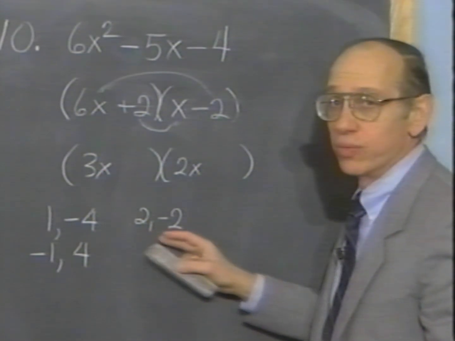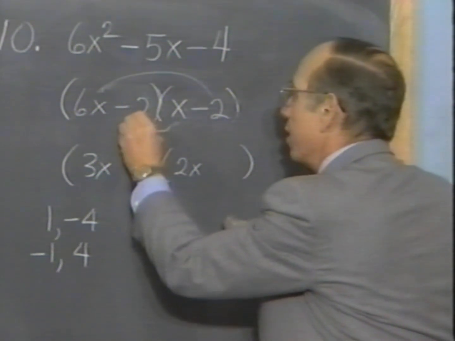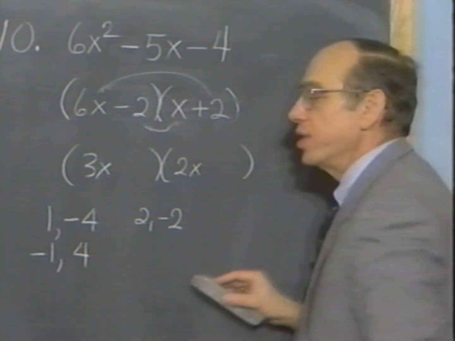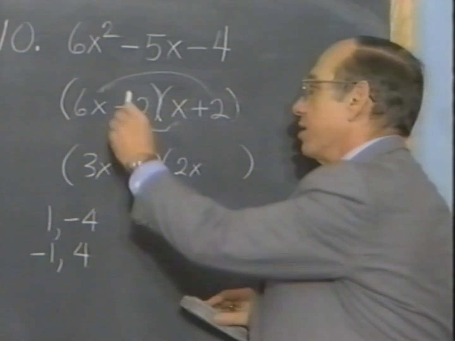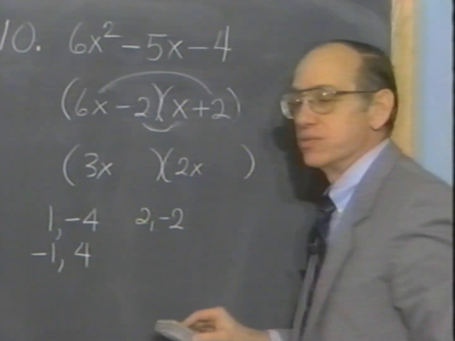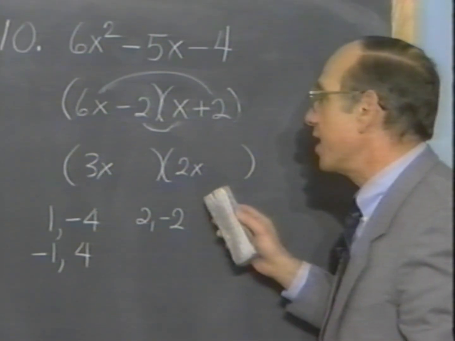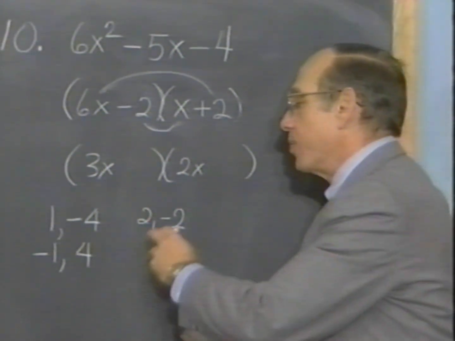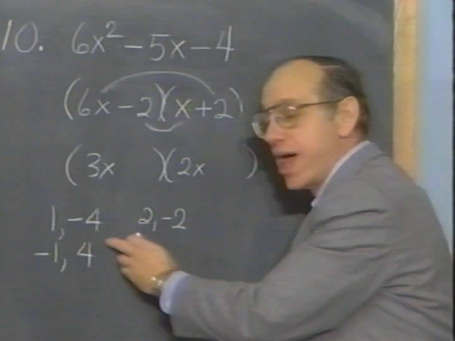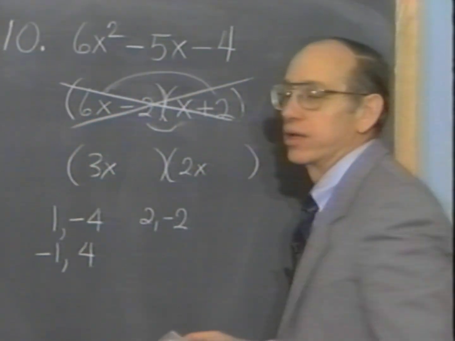But we're still not done with the 2 and minus 2 because we could make it minus 2 over here and plus 2 over here. And we try again. 6x times 2 is 12x. Minus 2 times x is minus 2x. That's 12x plus minus 2x is 10x. And that's still not right. And we've tried every possibility that we can with all these factors.